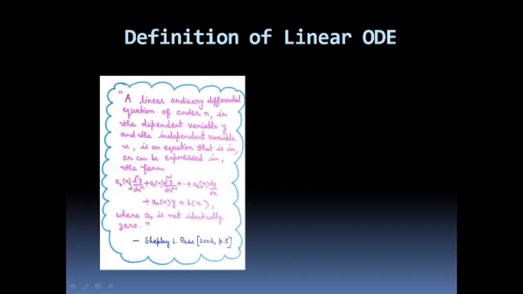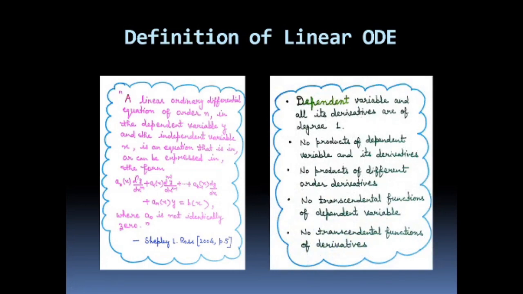There is a condition on a0(x), because you are saying that this is an nth order differential equation: a0 should not be identically 0.